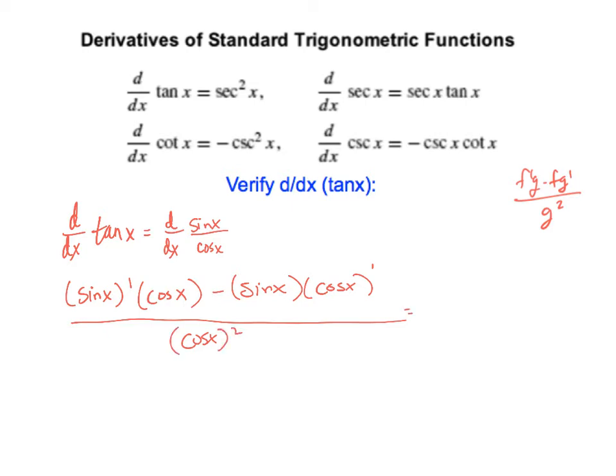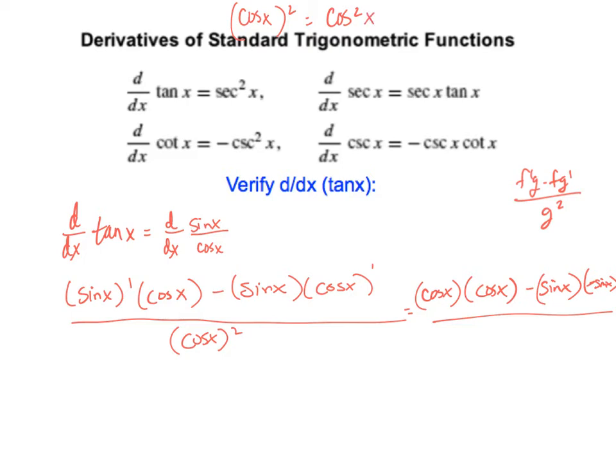As we saw on the last slide, the derivative of sine x is cosine x, multiplied by the original cosine x that was there, minus sine x times the derivative of cosine x, which is negative sine x. This is a good place for us to remember that cosine x quantity squared can be written as cosine squared x.